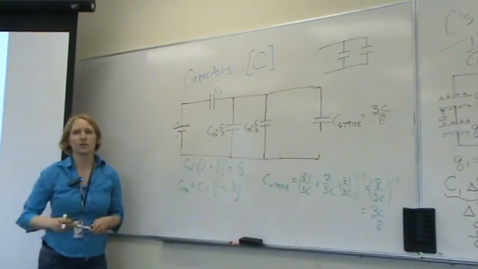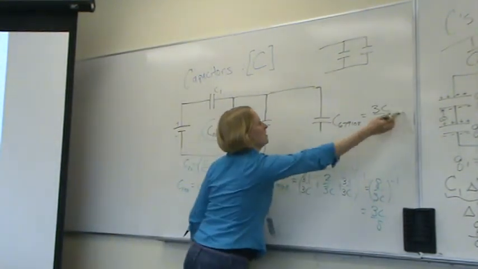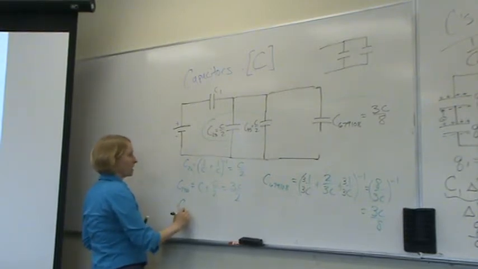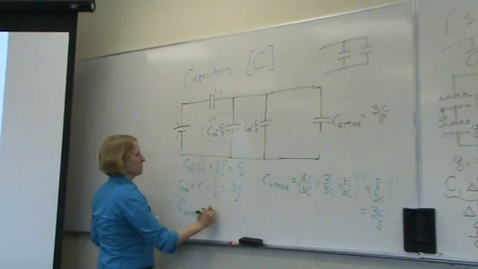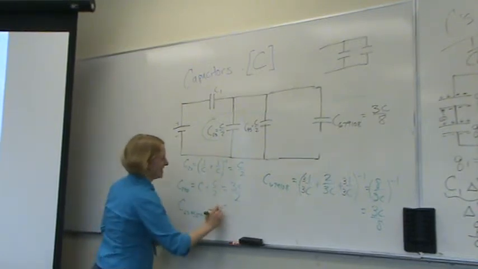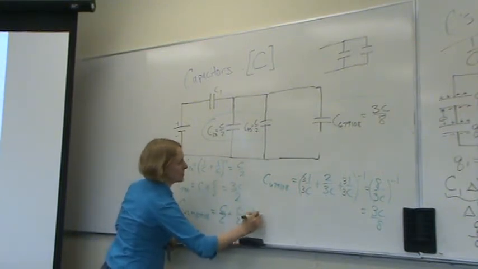Okay, and then we already said the next smallest grouping would be these three in parallel. So that's C2,3,4,5,6,7,9,10,8. So we get C over 2 plus C over 2 plus 3C over 8.